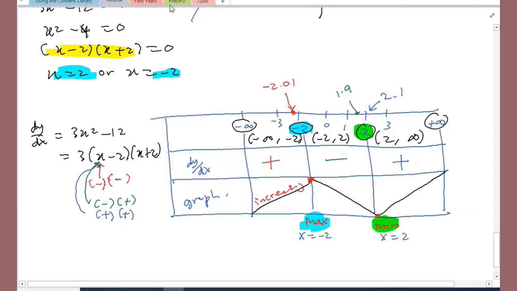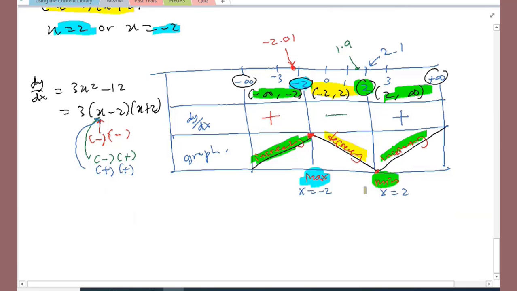Then this one is a decreasing interval, and 2 to infinity is an increasing interval again. So this is the increasing interval, and this is the decreasing interval. That's the extra knowledge.